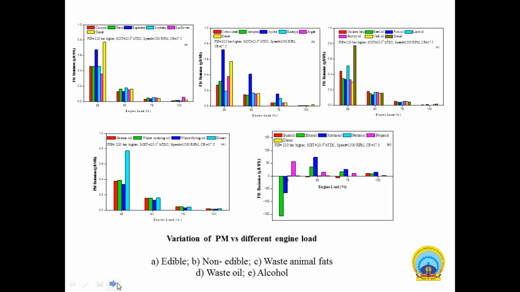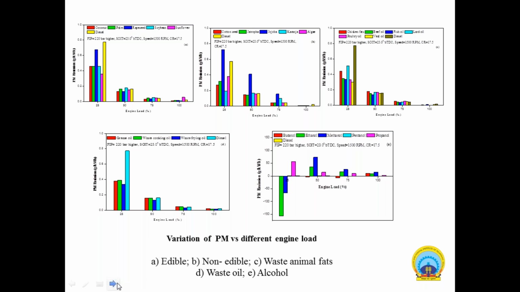So complete combustion leads to reduced production of PM due to the higher oxygen percentage within the biodiesel, and the advanced injection timing leads to higher combustion temperature, and it helps in reduction of PM emission. PM and NOx emission reduce with increase in surface tension of fuel while improving the combustion process.